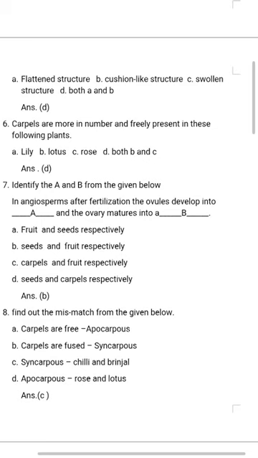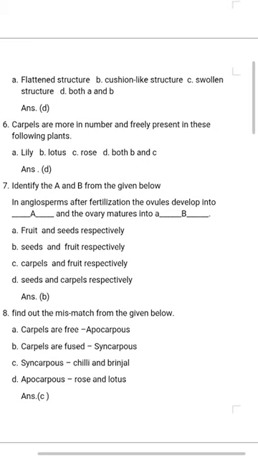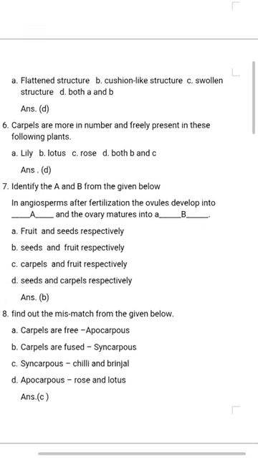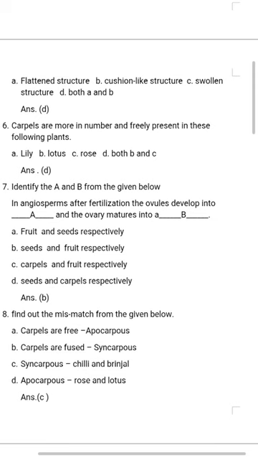Let us see the discussion about this. Placenta is a flattened, ribbon-like structure, and it is a very smooth, cushion-like structure, which helps to connect the ovules in the ovary. Understood? So the correct option for this question is option D.